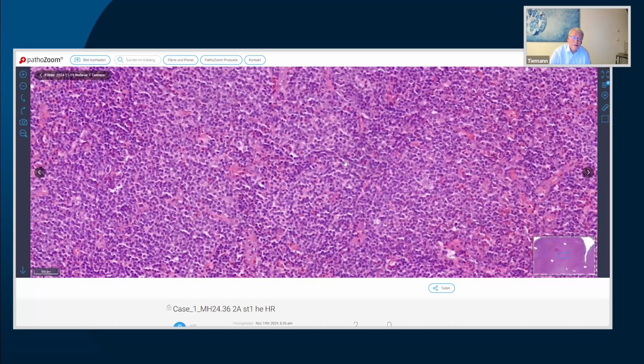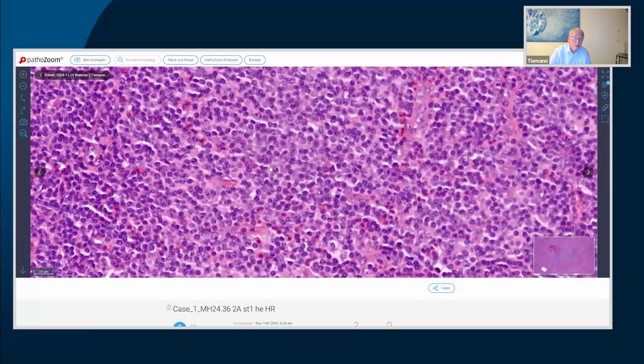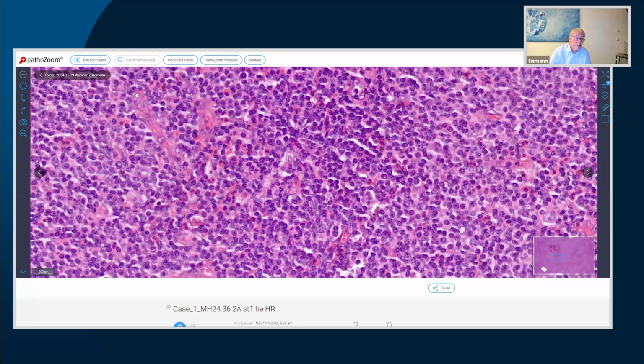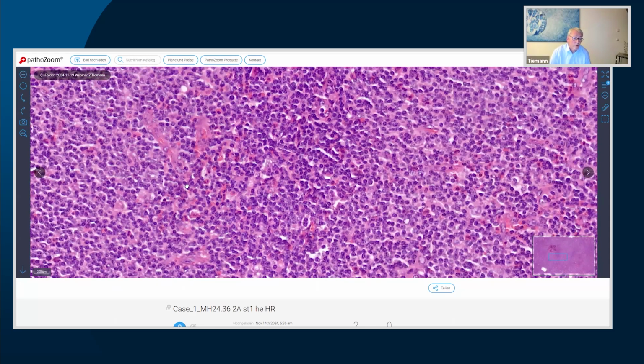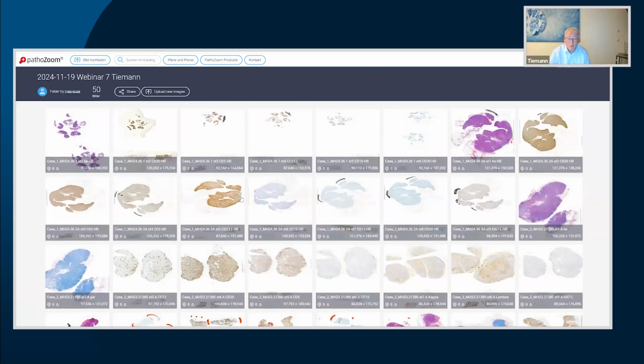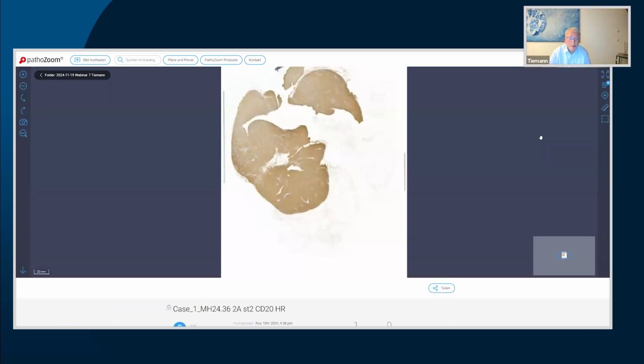Again here, small cells, eosinophils, some vessels here. Not very conclusive. Then we will look in the lymph node, I think CD20 first, should be this one.